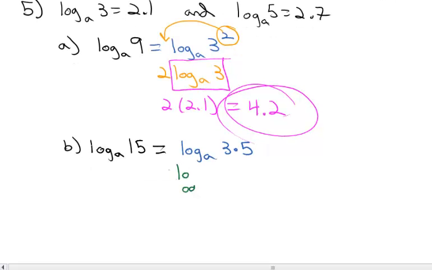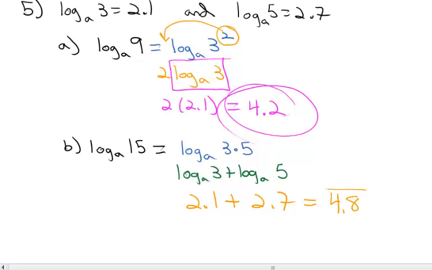We add the logs together. Log base a of 3 plus log base a of 5. And then we can use that substitution that we're given. Log of 3 is 2.1 plus the log of 5 is 2.7. So log 15 must be equal to 4.8.